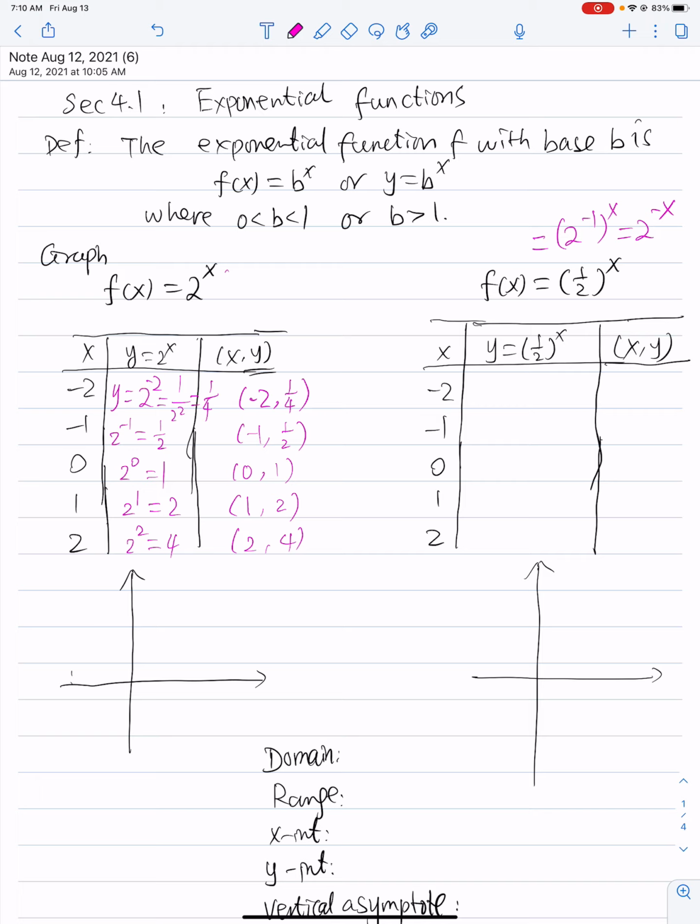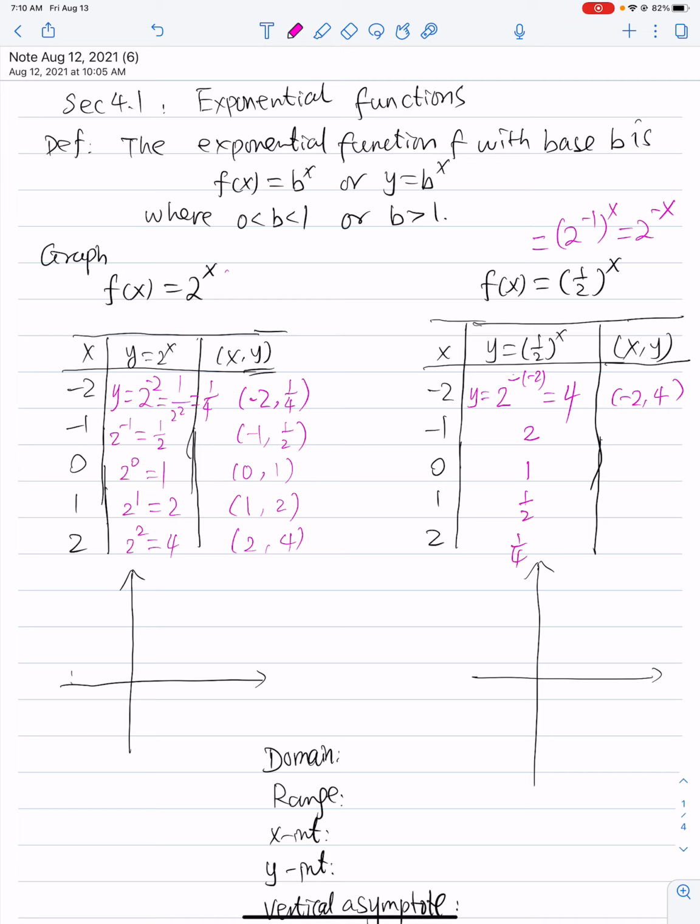Okay, so what will be a half to the x? A half means 2 to the -1, so it's actually 2 to the -x. So -2 gives 2 squared, which will be 4, so it's -2, 4. -1 will be 2 to the 1, which is 2. Then 1, a half, and 2, 1/4.